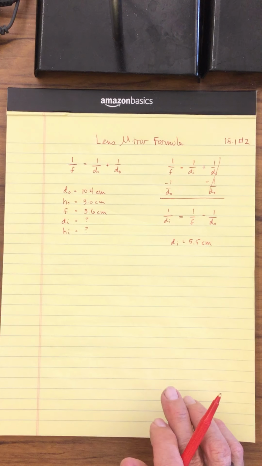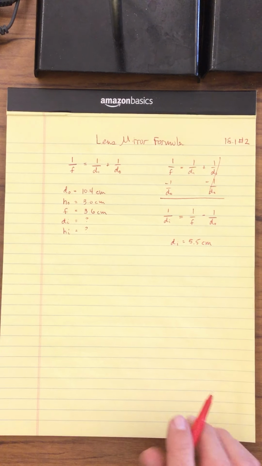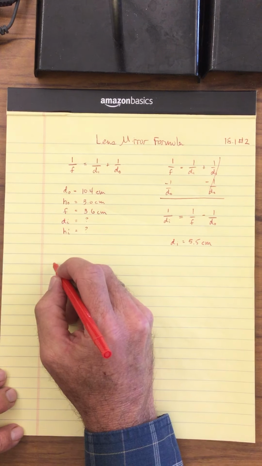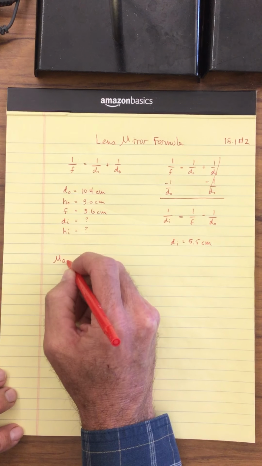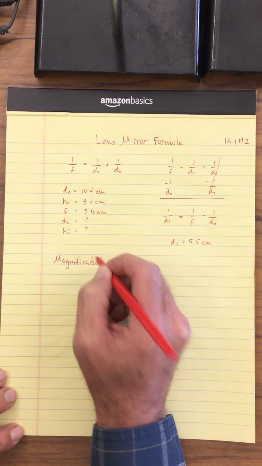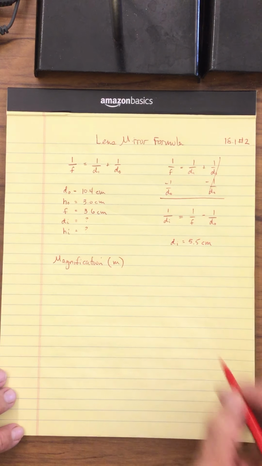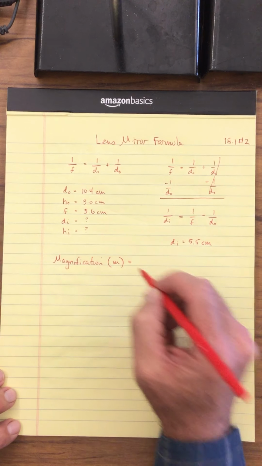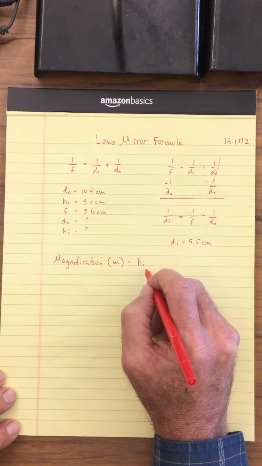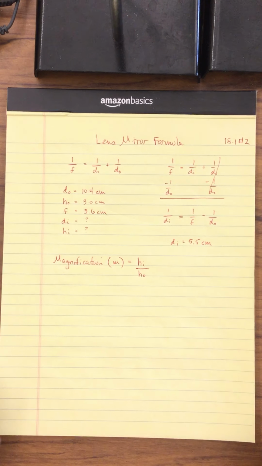For this, we need to look at the magnification formulas. There's 2 formulas for magnification. So here's magnification. So magnification is lowercase m, and it's going to be equal to the height of the image divided by the height of the object.